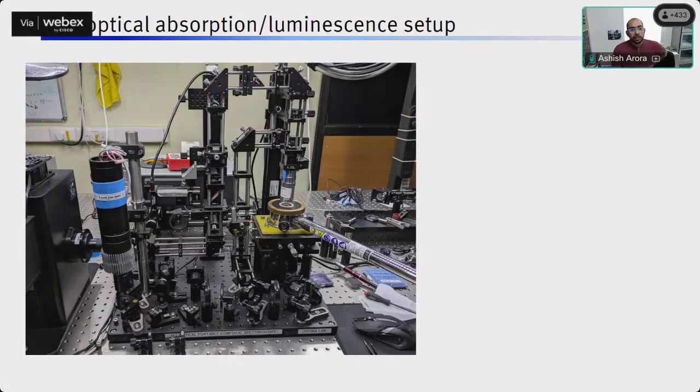Now, what do we do here? We shine light on the material and measure the reflected light. Suppose I know the reflection of the substrate: I have a substrate and I have put the semiconductor on top of it. I mostly know what the substrate is; it can be sapphire, quartz, or a piece of silicon.